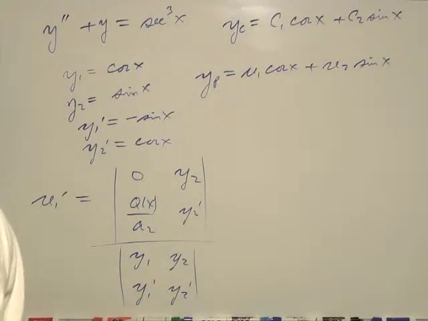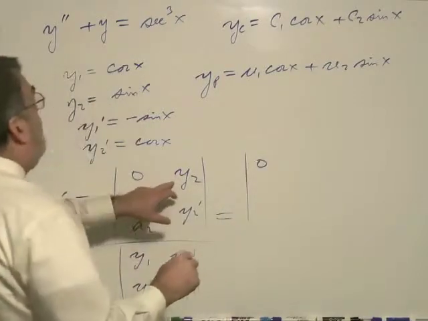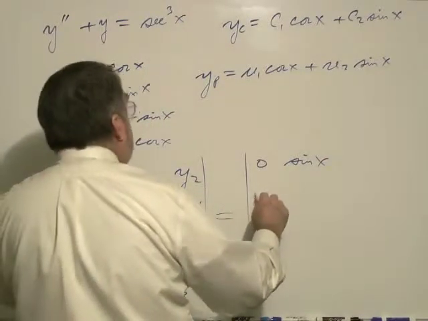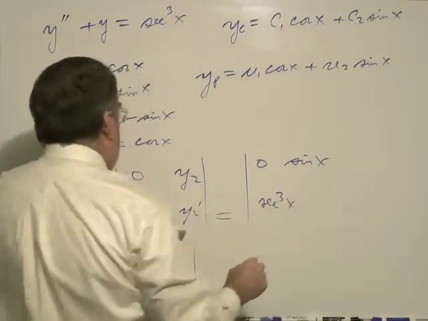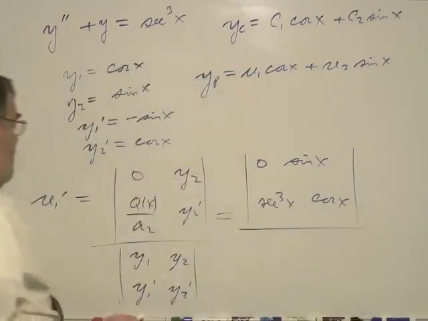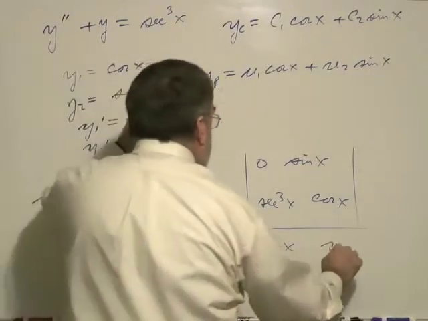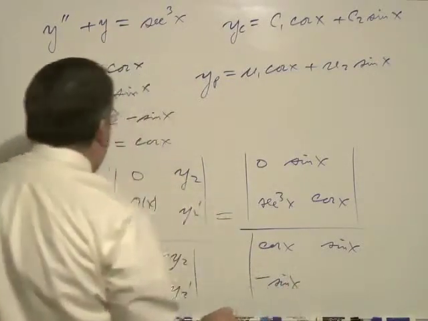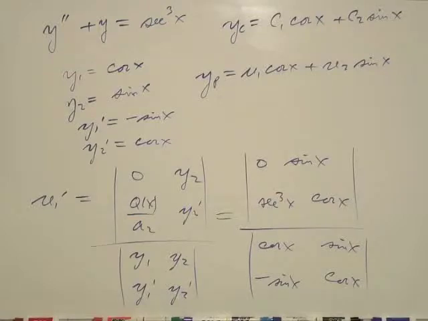So if we plug in our ingredients here, we'll have 0, y2 is sine x, and then q of x is secant cubed over a2 is 1, so that's just secant cubed x, and y2 prime is cosine x, divided by cosine x, sine x, and minus sine x and cosine x. There we go.